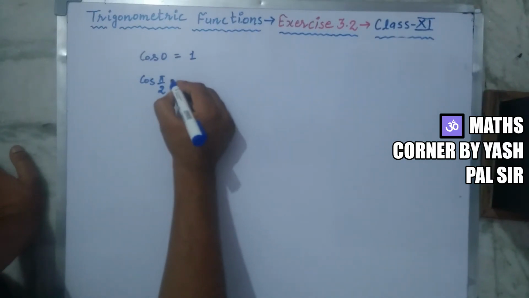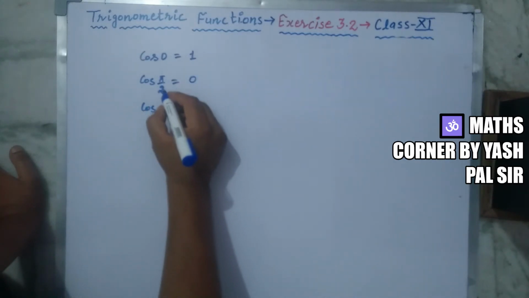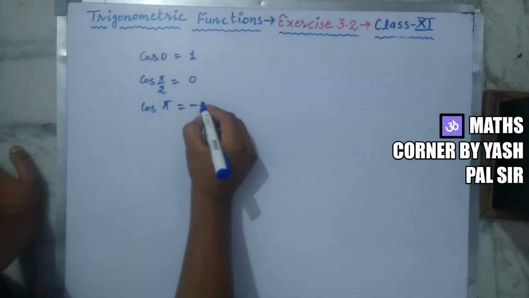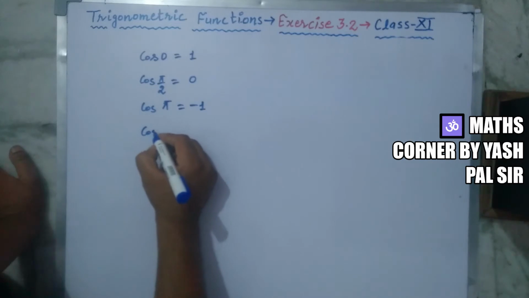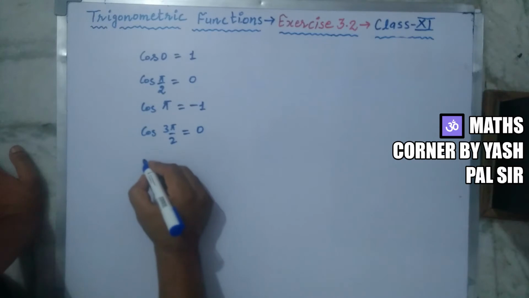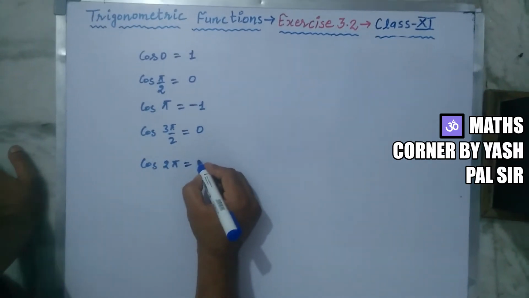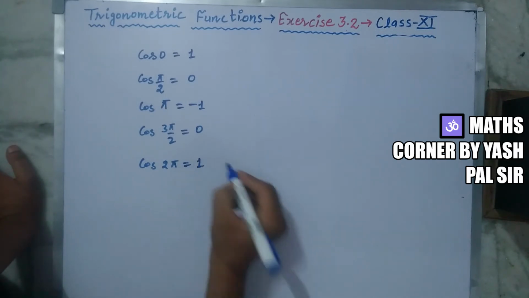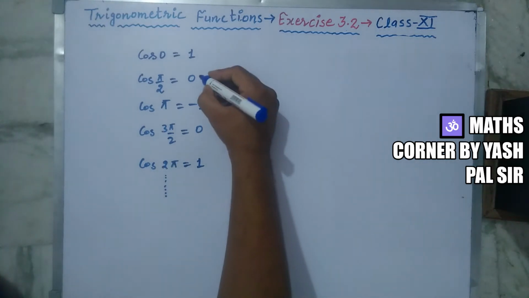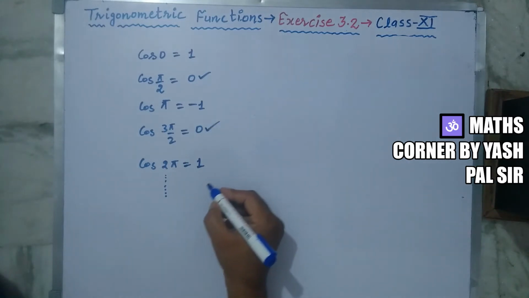My dear students, now we know that cos 0 is equal to 1, cos pi by 2 is equal to 0, cos pi is equal to minus 1, cos 3 pi by 2 is equal to 0, cos 2 pi is equal to 1. So cos pi by 2 is equal to 0, cos 3 pi by 2 is equal to 0.